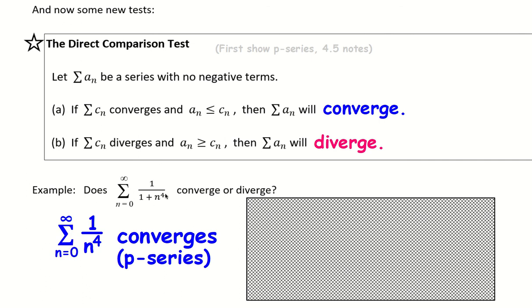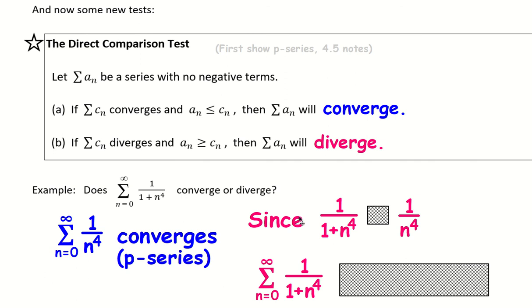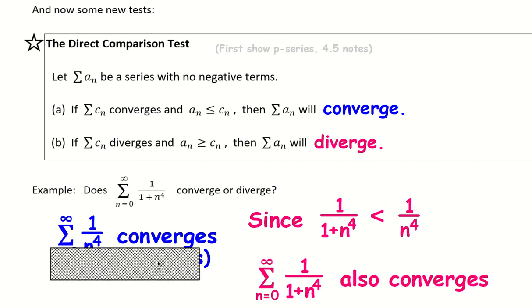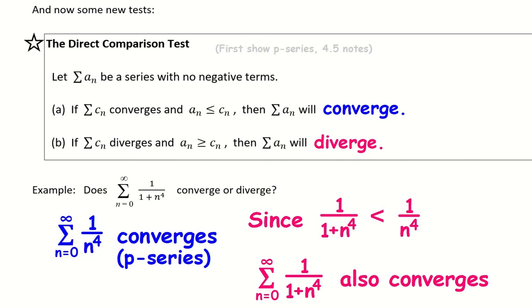So guess what? If the denominator of a fraction is bigger, that actually means the fraction is smaller. You understand. So there we go. Because the denominator is bigger, this is smaller than this, and this converges, which means so does this, because it's smaller. Okay?